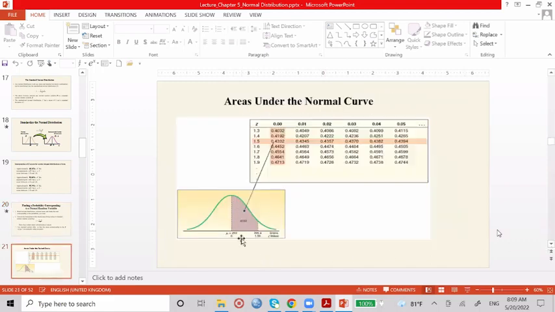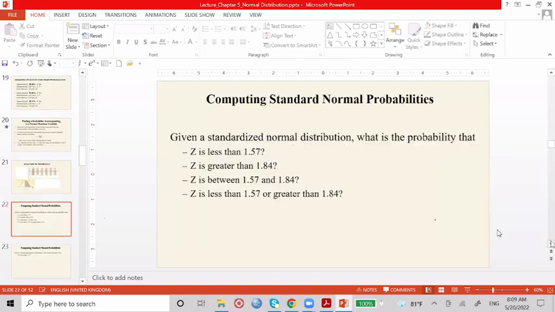Here also, 0 to 1.5 is 0.4332. Now we are going to use the standard normal table to calculate probabilities. There are 4 examples given here. Given a standardized normal distribution, what is the probability?